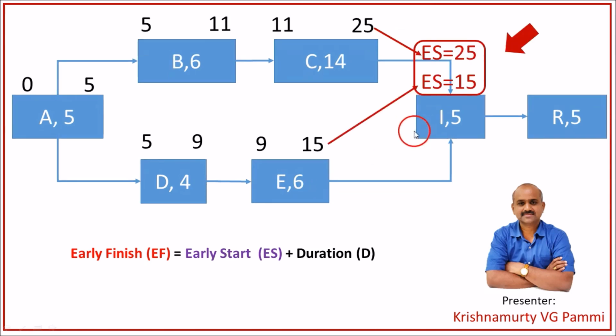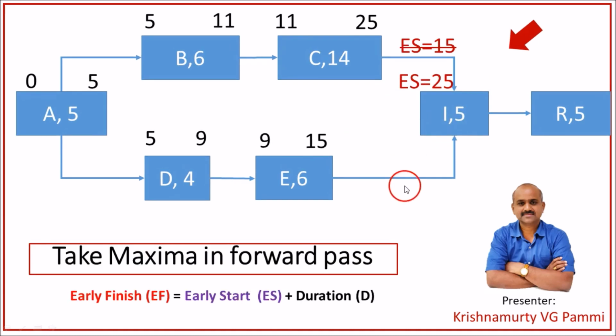Now look at the beauty here. From here, you are getting 25 as early start for I. From here, you are getting 15 as the early start for activity I. So what should we take? We should take the maximum in forward pass. Why? Because activity C and activity I are tied up with finish to start relationship. Similarly, activity E and activity I are tied up with finish to start relationship.